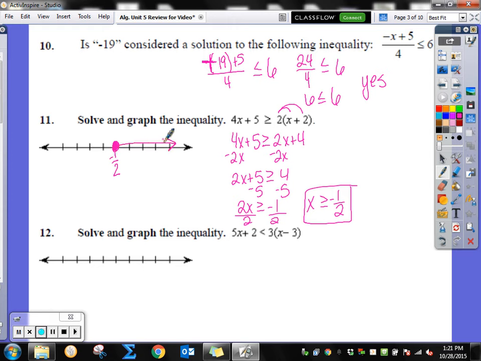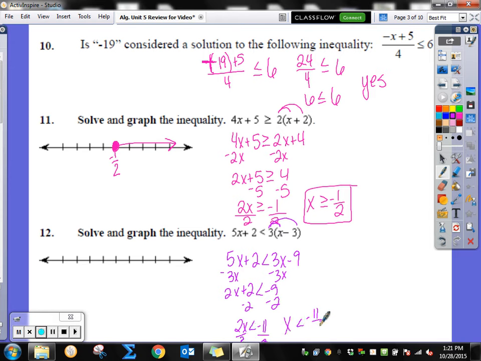For 12, I also have to start out by distributing. So 5x plus 2 is less than 3x minus 9. Minus 2 from both sides. 2x is less than negative 11. If we divide by 2 on both sides, we end up with x is less than negative 11 over 2.